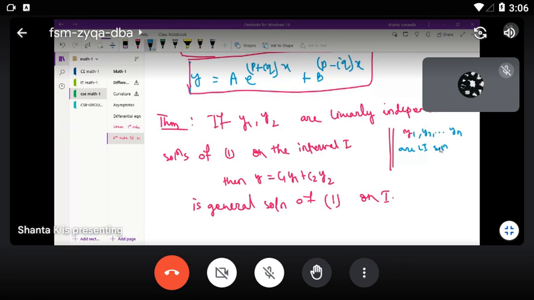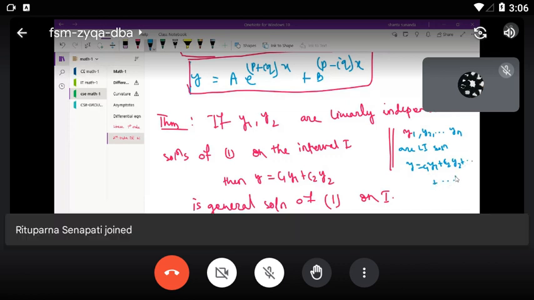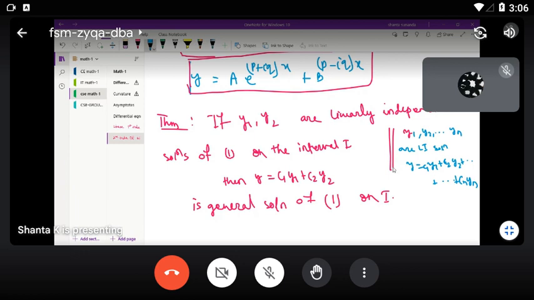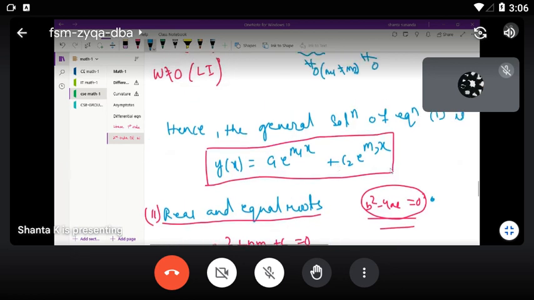Then the general solution will be c1 y1 plus c2 y2, and this can be extended up to cn yn. Here y is e to the power m1x and this one.